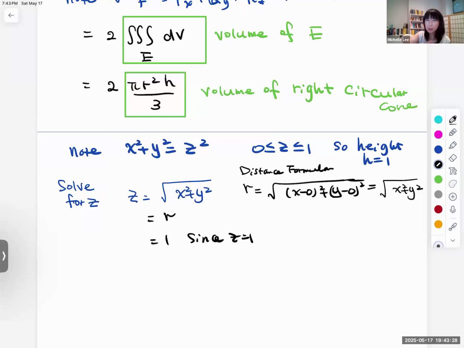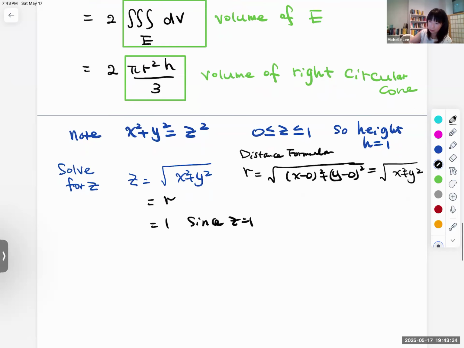Okay, since r equal to 1 and h equal to 1, we get 2 pi over 3, right? That is 2 pi times 1 and 1 over 3 for r equal to 1, h equal to 1.